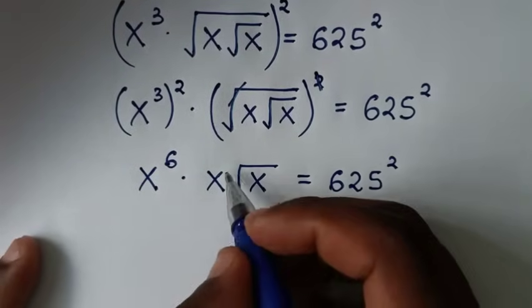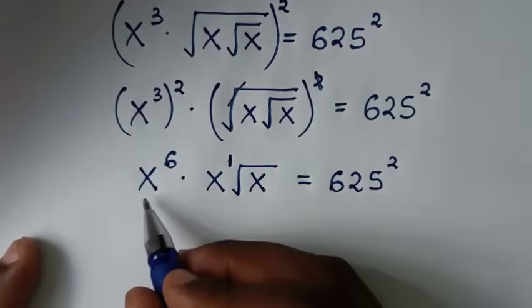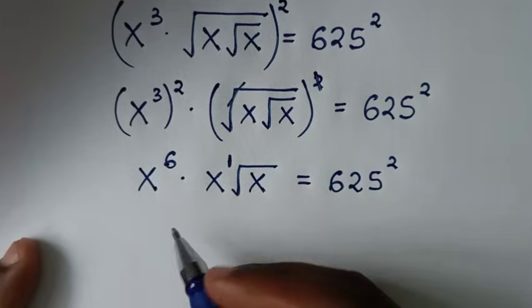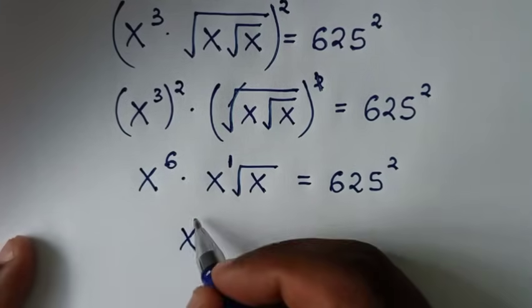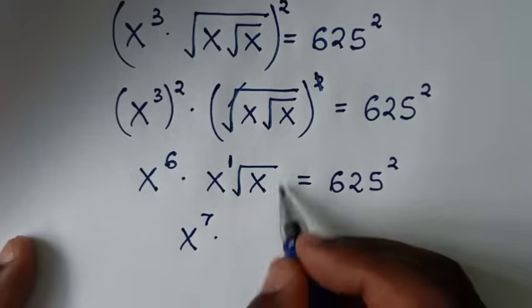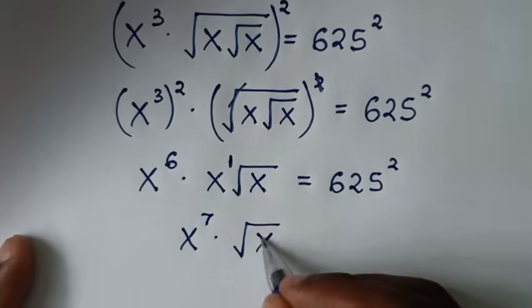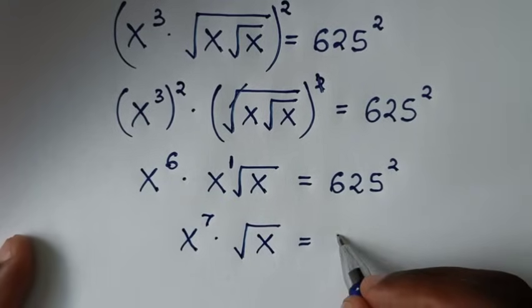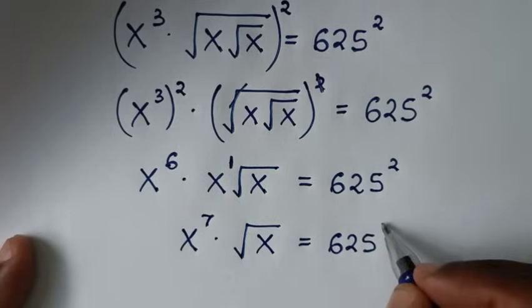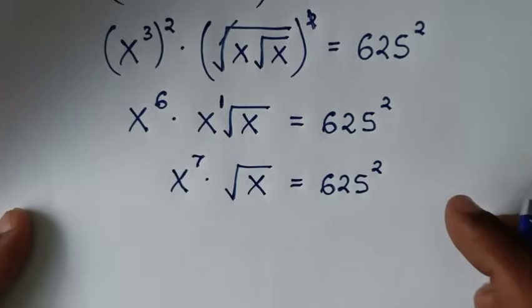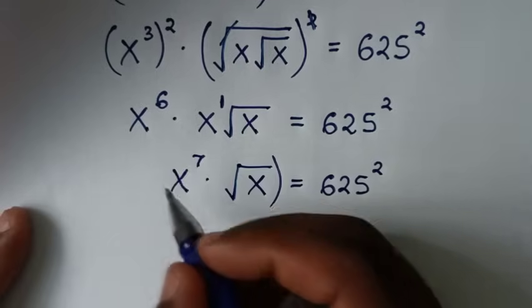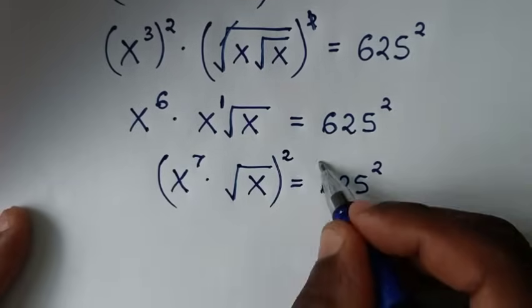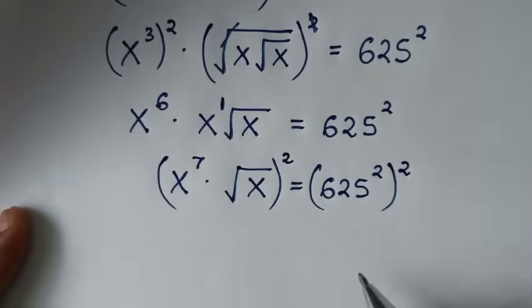Then this x is the same as x power of 1. Now this is multiplication of exponents with the same base x, so we'll add the powers. 6 plus 1 is power of 7 times the square root of x is equal to 625 squared. Then in the next step, to remove this square root here, we'll apply square on both sides.